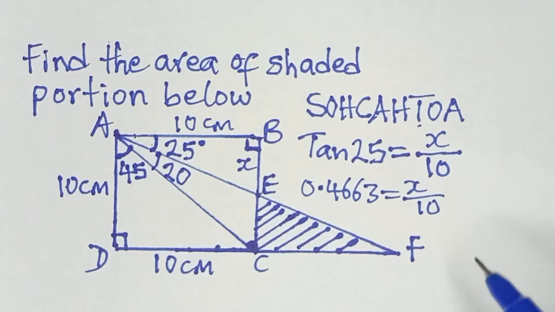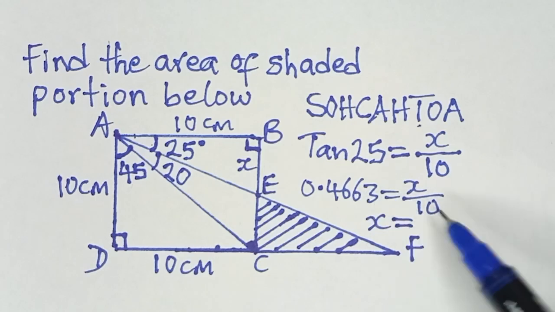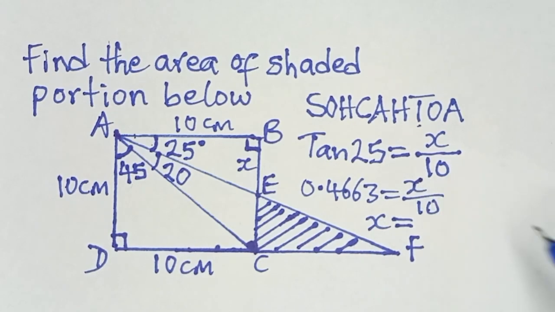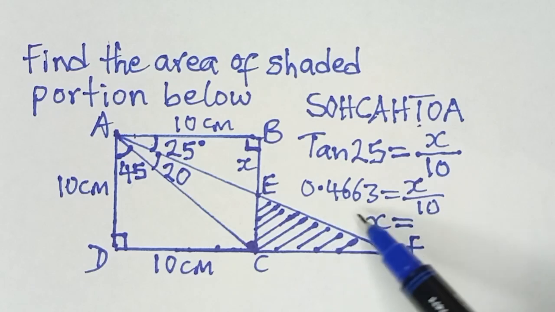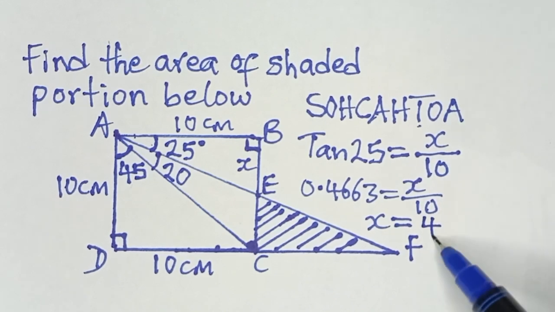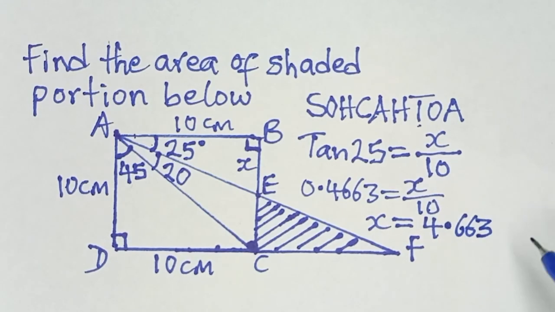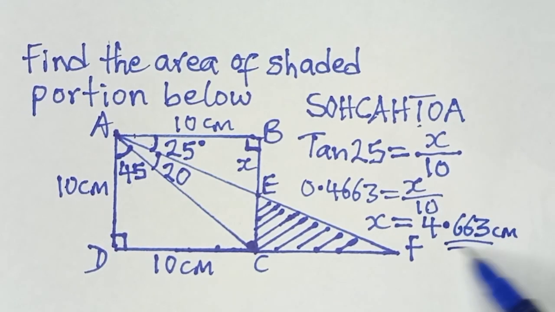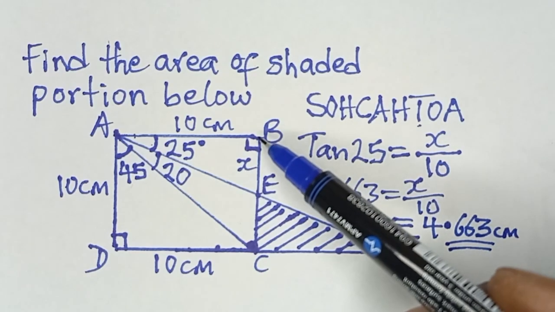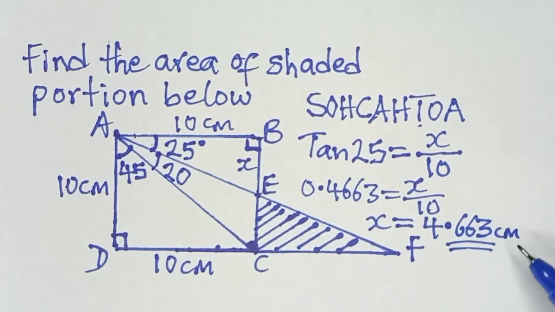Then from there, I can simply get the value of X. By the time I cross multiply, 10 multiplied by 0.4663 will give me X. So X multiplied by 1 gives X, and 10 multiplied by this gives 4.663 centimeters. So this side X is 4.663 centimeters.